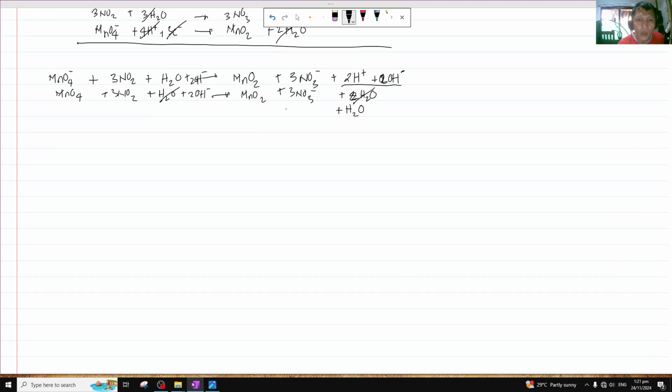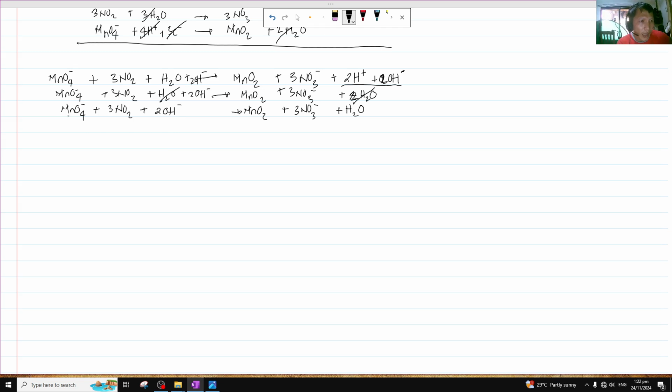So as a product you would have water, then 3NO3 negative, then MnO2, no charge, then MnO4 negative, sorry, it should have charge, and then 3NO2, no charge, and then plus your 2 hydroxyl. Again, the presence of this one will tell you that it is in a basic solution or basic environment. So that's what we call it.